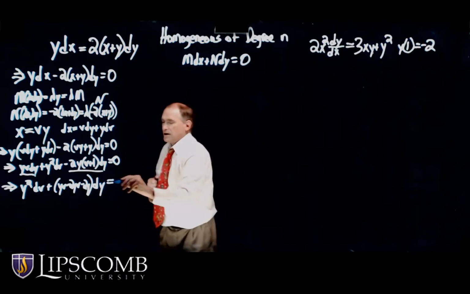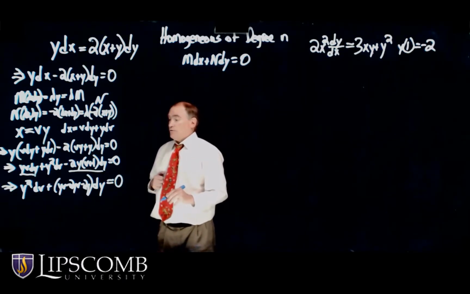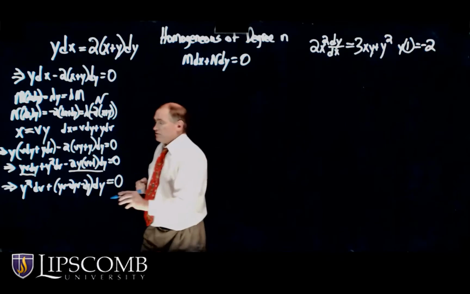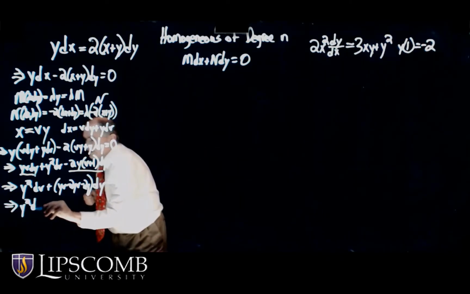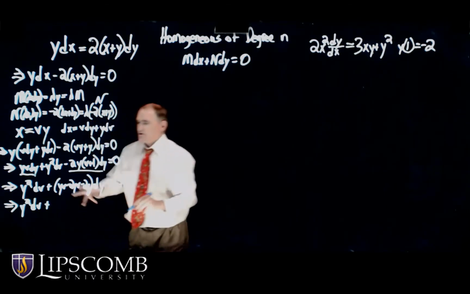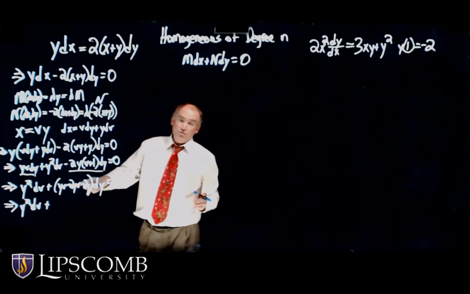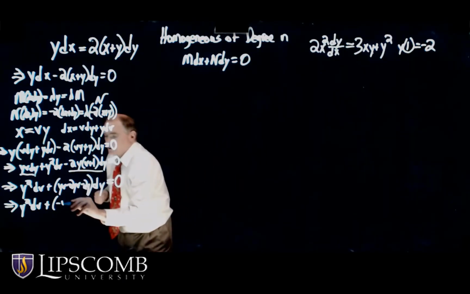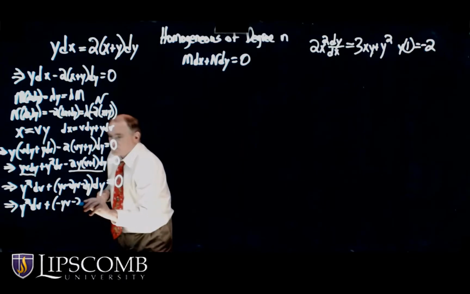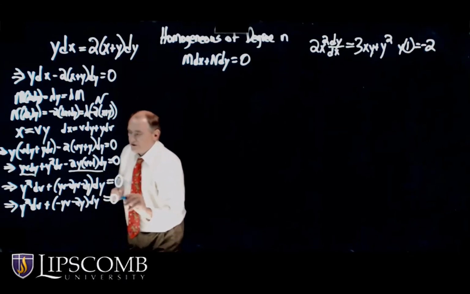And of course I have equal to 0. Well, what do I notice now? I've got y squared dv plus, so I've got a yv minus a 2yv, so that's a negative yv, minus 2y dy equal to 0.